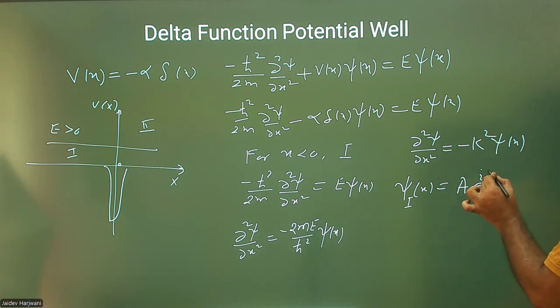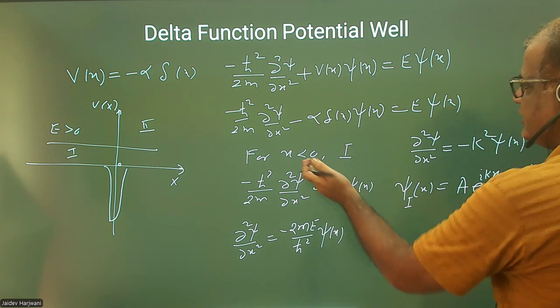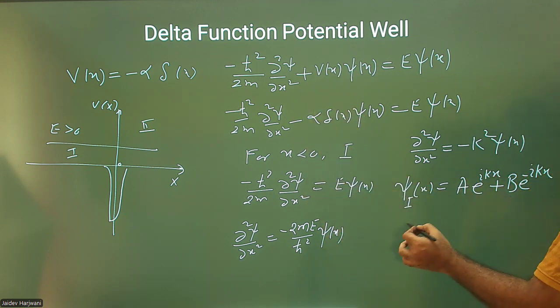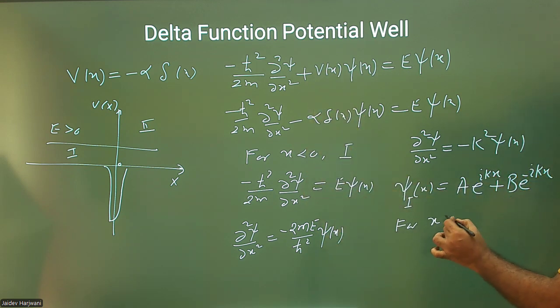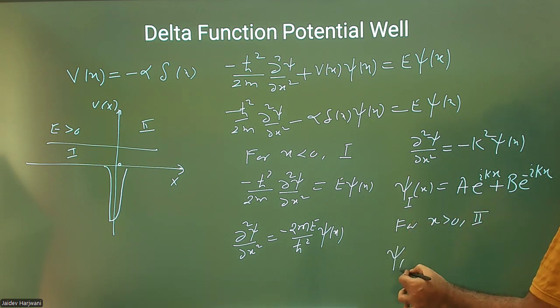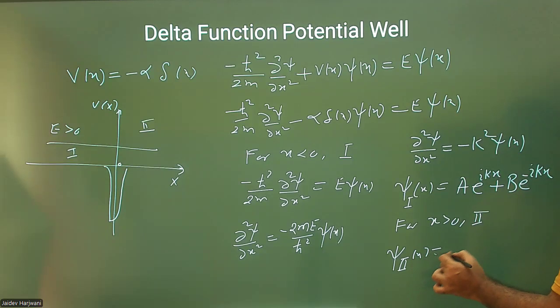Similarly, for region 2, for x greater than 0, the equation remains the same, and this time I write the function, instead of A, B, as F e^{ikx} plus G e^{-ikx}.